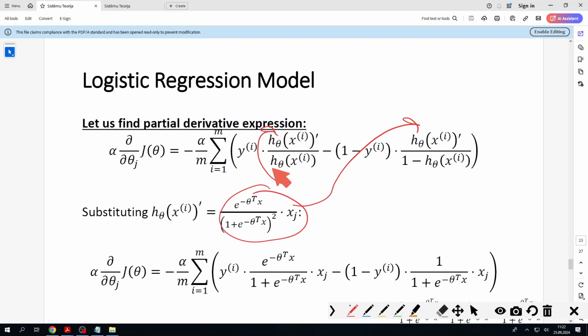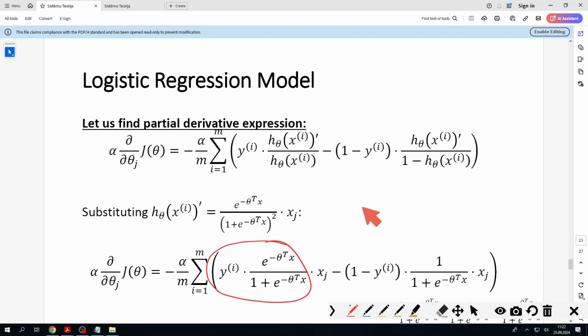Also, I write down the hypothesis as well. Wait, how to better explain what happens here? Okay, maybe I just need some extra line explained here. So let's say, how did I obtain this part? Well, I have my formula saying here hypothesis.